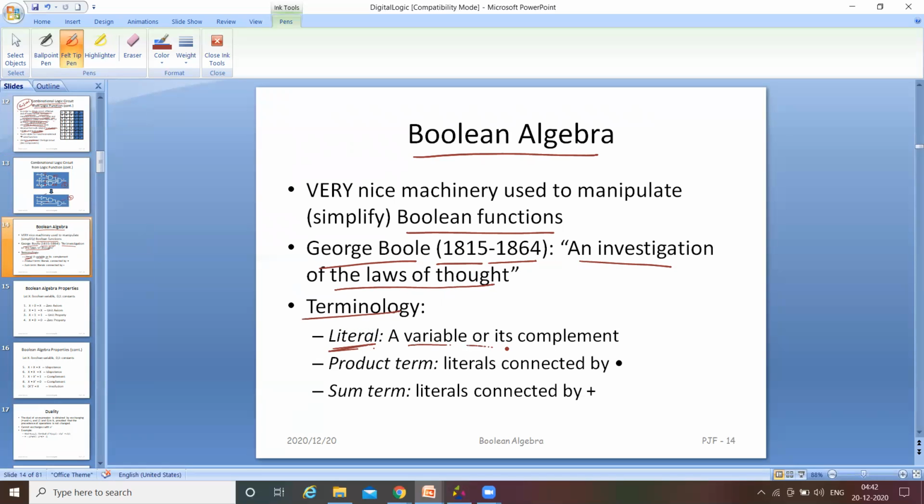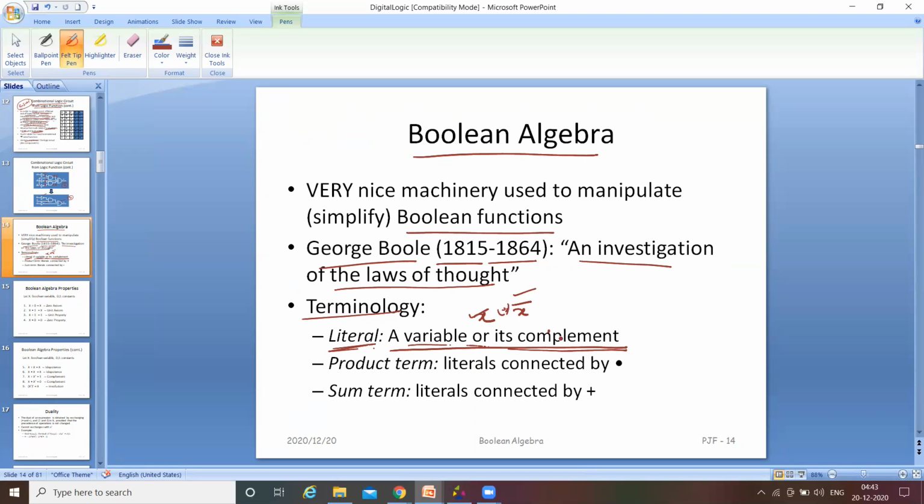A literal is a variable or its complement. Here, for example, X is a literal, or X complement. A variable or its complement is called a literal. This is a literal, and this is another literal.